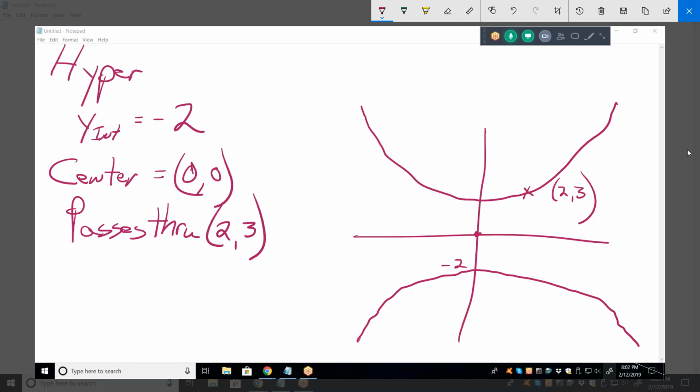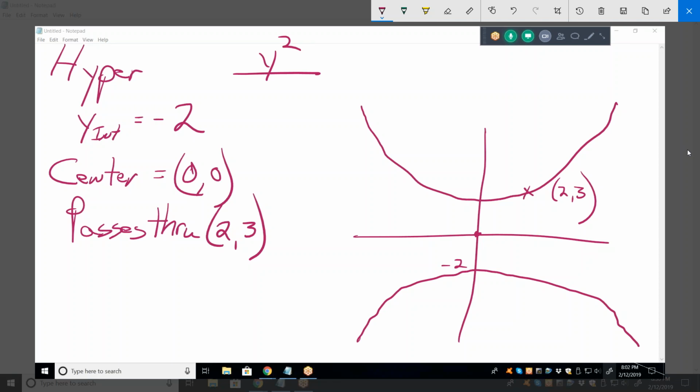So what's the general format for this one? We don't need to worry about the h and the k because we know the center is at the origin. We still need a general format. Start with x squared or y squared? It would be y squared. Correct. Y squared over, is it a squared or b squared?